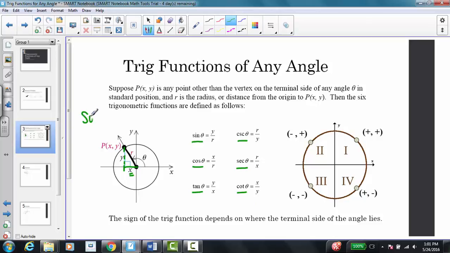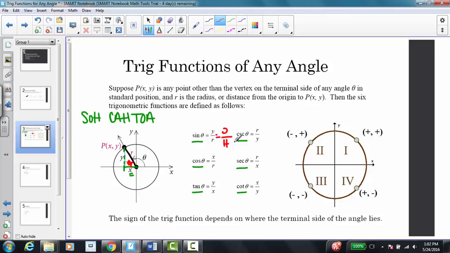This whole time we've been dealing with SOHCAHTOA, where sine is opposite over hypotenuse, cosine is adjacent over hypotenuse, and tangent is opposite over adjacent. So again, if we look at our picture, if this is my angle theta, the side opposite of that is my y distance, and my radius is the hypotenuse of my triangle.